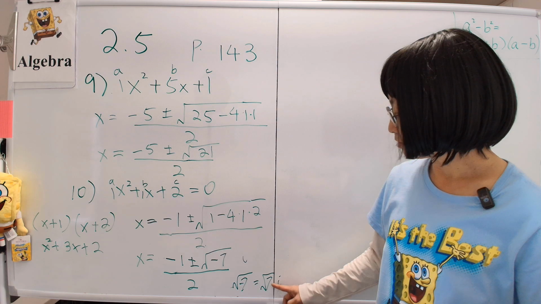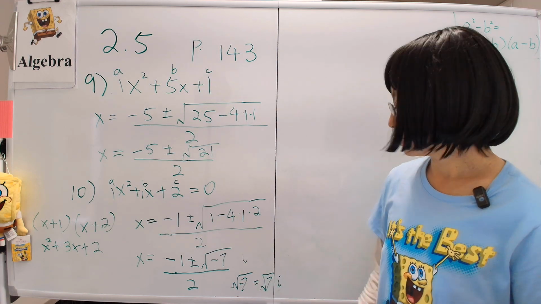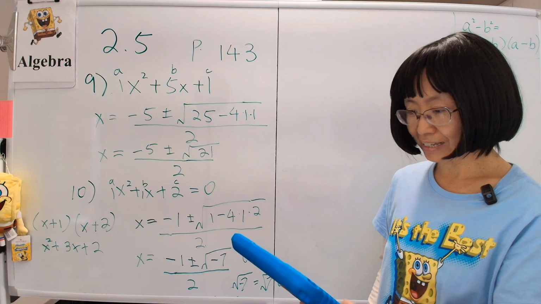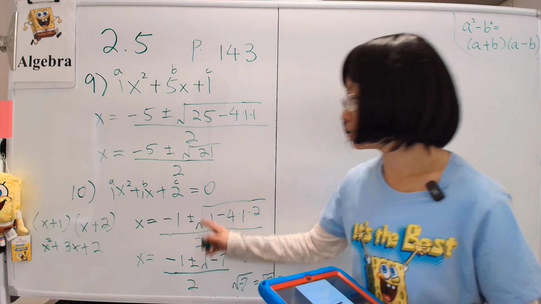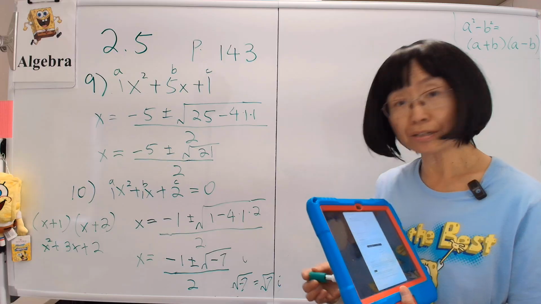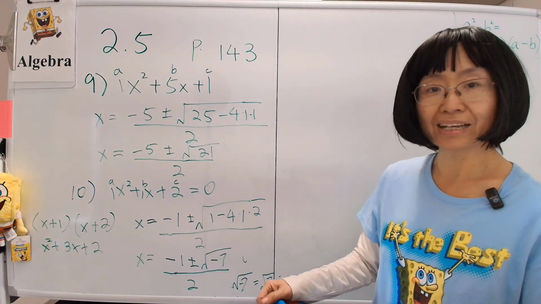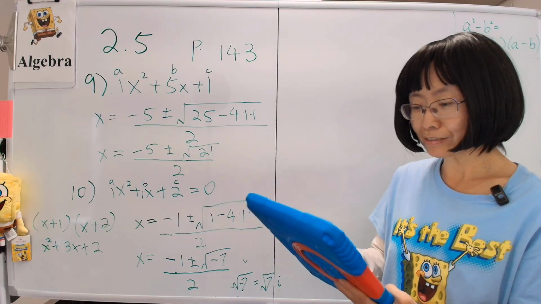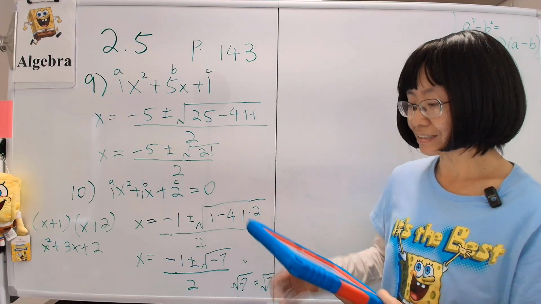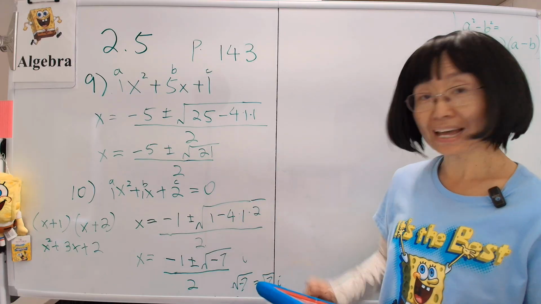We write down the i to stand for the square root of negative 1, and then the answer stands as is. Which means that this equation has no real solution. Its solution is only imaginary and has complex numbers in it, which is okay. At this moment, we don't care about that; we just accept that and move on.